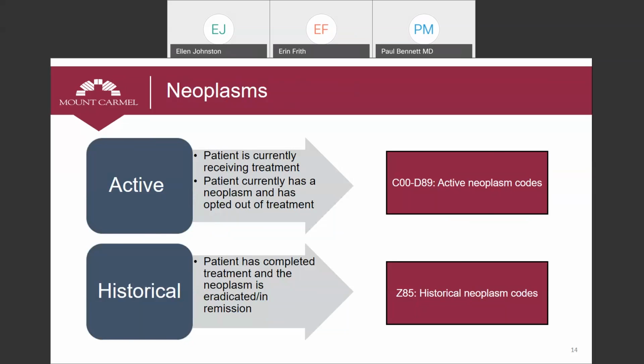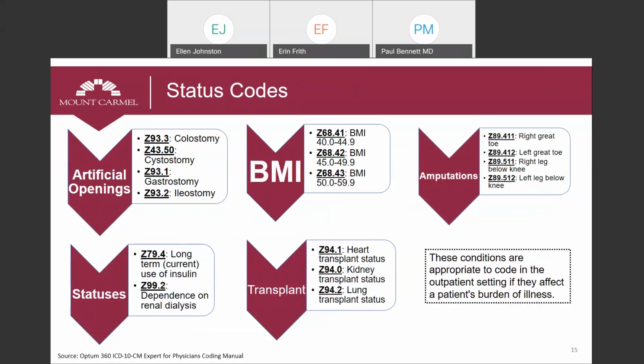There are certain permanent conditions that should be documented and coded annually to properly reflect the patient's burden of illness. These are generally referred to as status codes. Common status codes include artificial openings, BMI range, amputations, insulin use, dialysis dependence, and transplant status.